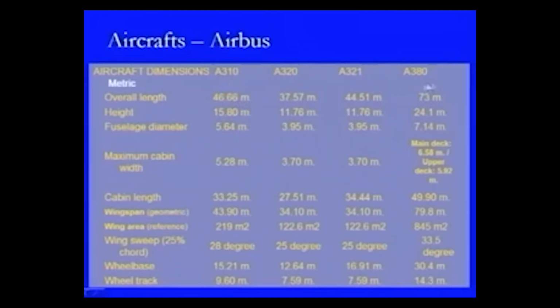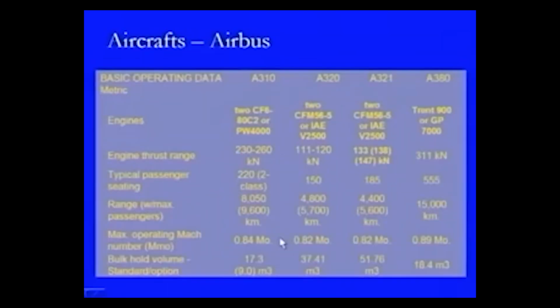So, that is a difference in the size of the aircraft, which you can see. The height is at the maximum 16 meters in the A319, where here it is 24 meters. So, that is the difference in the size, and that is the reason that if you look at the wheelbase, with respect to 15 or 17 meters, it is now 30 meters wheelbase.